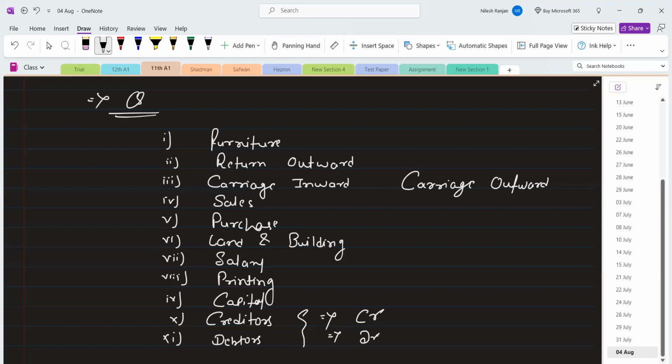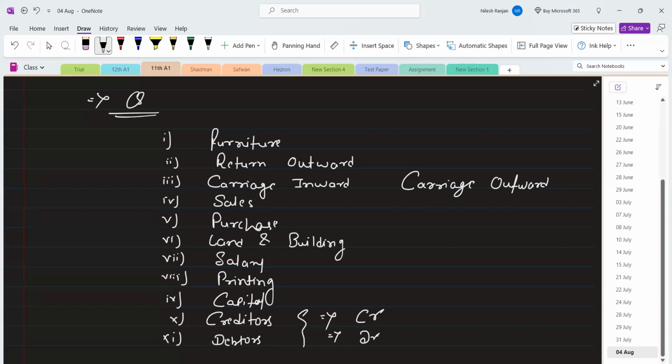Now, what is creditors? What is debtors? You don't try to understand what it means. Creditors are those whom an enterprise has to pay an amount because they provided them the amount before.